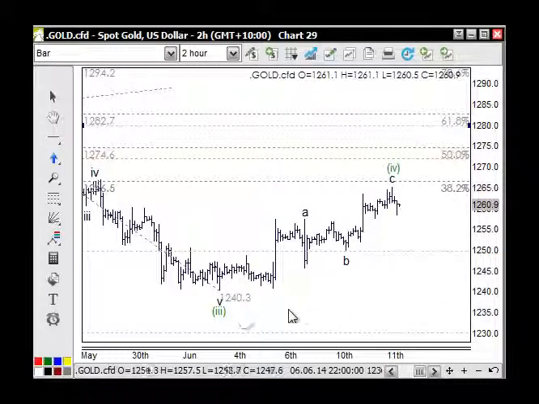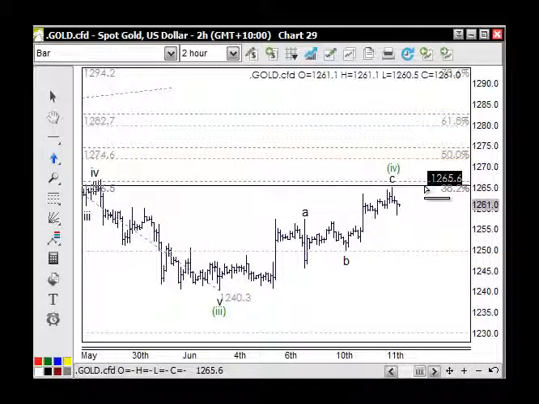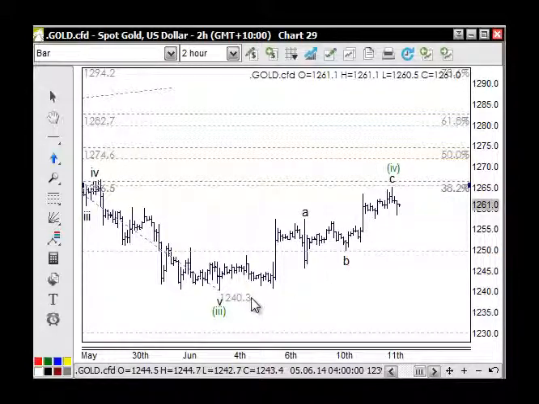As a wave 4, we were looking for a 38.2 retracement level, which comes in at the 1266 area, but 1265 is fine here as well, because it's the first level within group 2. The structure that we've got here does fit as an A, B and C pattern. However, it could be the beginning of a larger correctional rally as well.